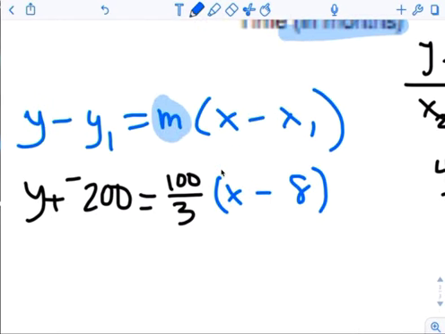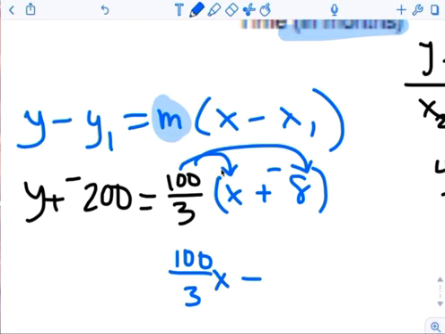Okay, distribute, additive inverse, 100 over 3x plus a negative. Now if you use a calculator, you get 33.3, yes, repeating, let's round it to the nearest tenth.